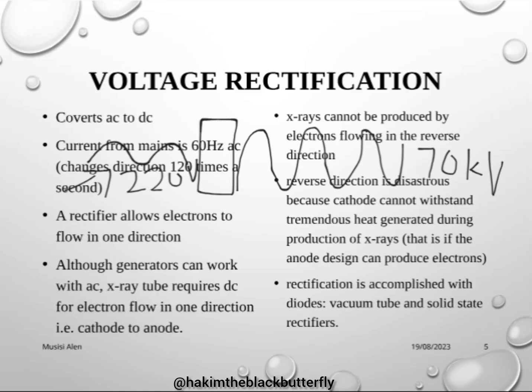But of course, the anode does not produce electrons. So rectification is accomplished with diodes. And diodes can either be vacuum tube or solid state rectifiers or solid state diodes.